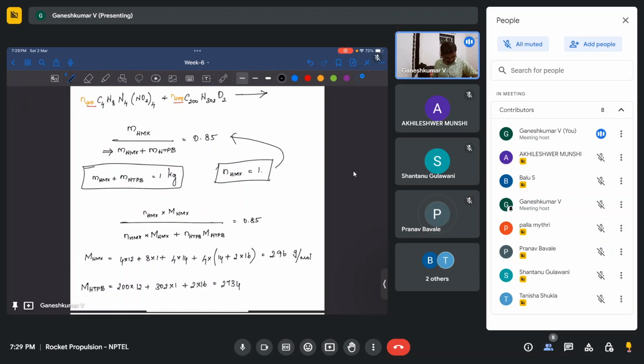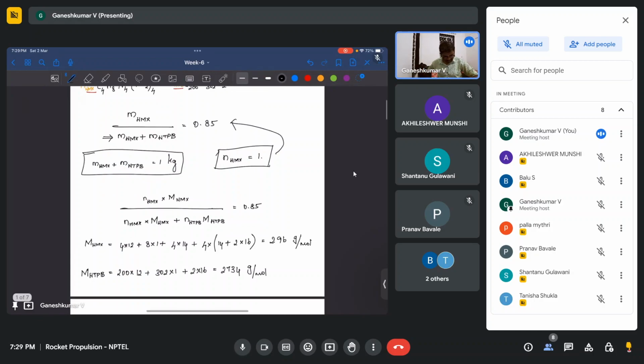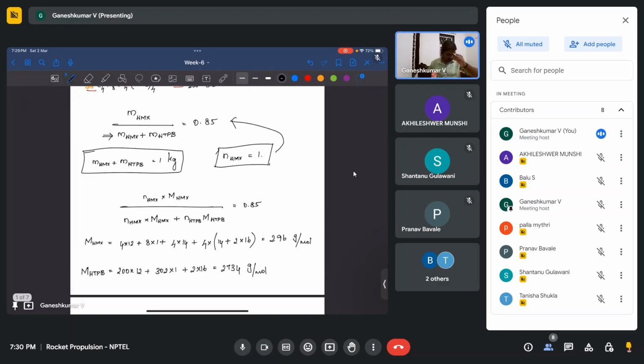So basically, the reason for this to be very high is that HTPB is a polymer, and they were truncating this at some point. So that's why you have C200H302. That is the reason you have 2734 grams per mole.